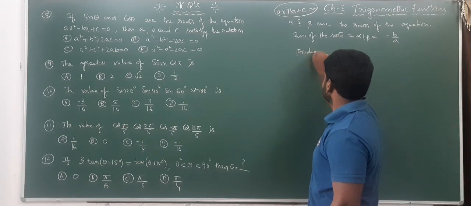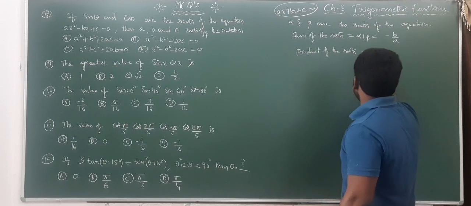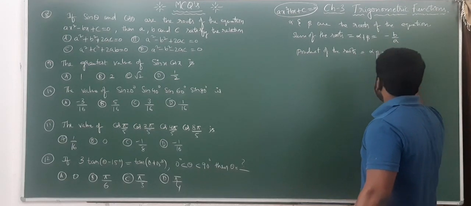The product of the roots, alpha beta, is equal to c by a.